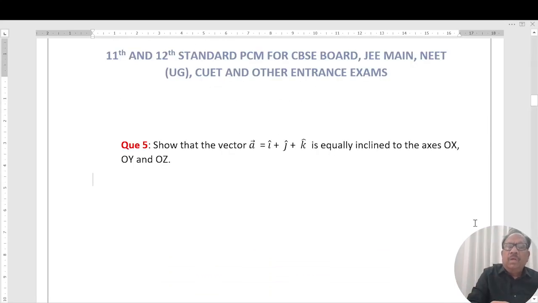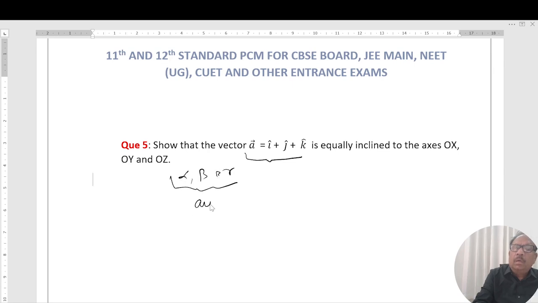Now let's start the next question. Show that the vector a equal to i plus j plus k is equally inclined to OX, OY, OZ. I have discussed in the above question what are alpha, beta, and gamma: the angles made by the vector with the x, y, and z axis respectively.